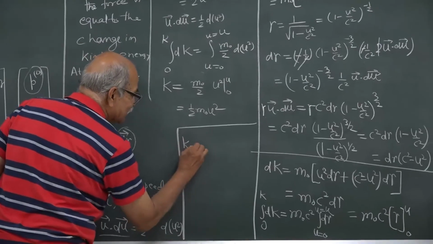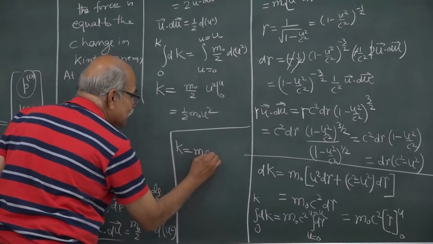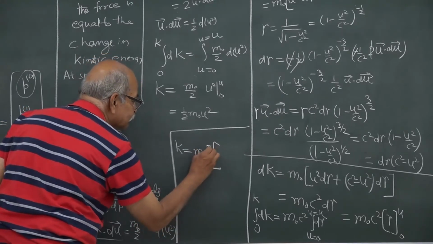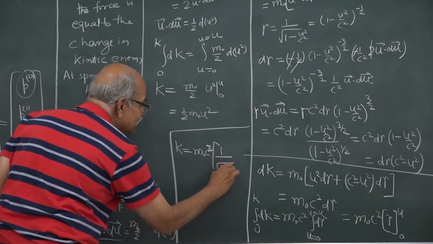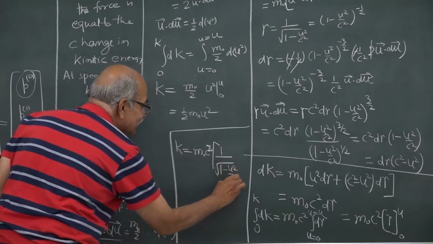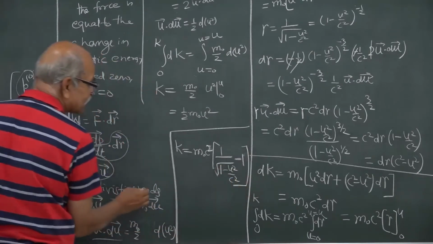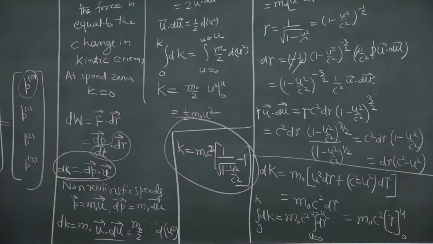This k is equal to m naught c square, and then within bracket 1 by square root of 1 minus u square by c square, and minus 1. This is that kinetic energy expression that we are looking for.